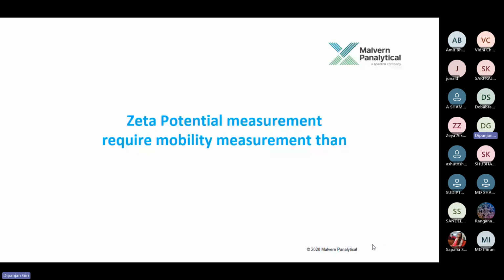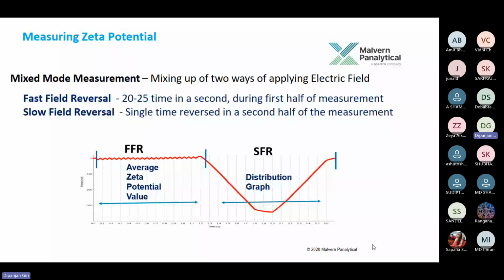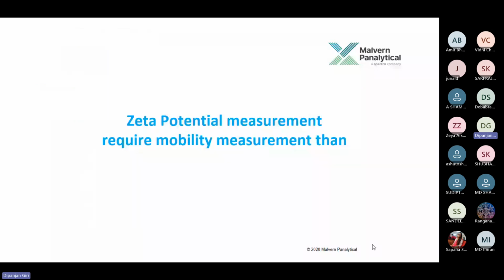Now the second one, how we are measuring the frequency shift with the pulse, which is phase analysis light scattering. The way the instrument measures this is by the laser Doppler effect.